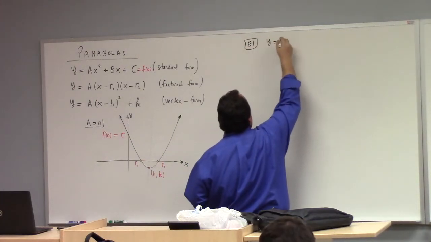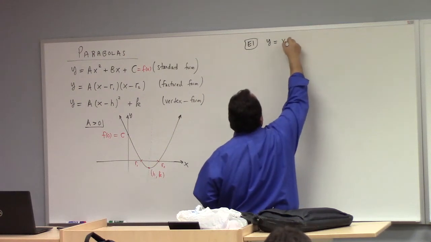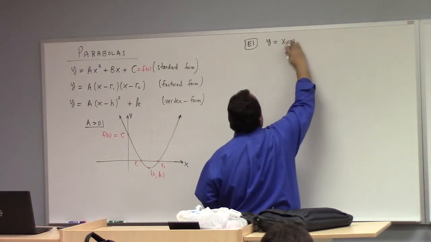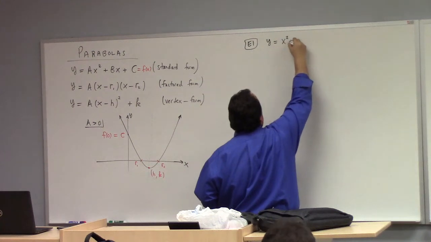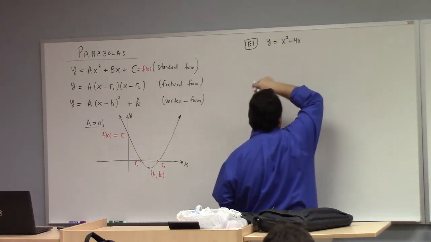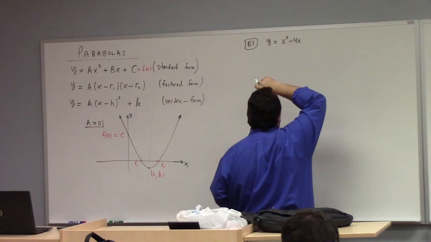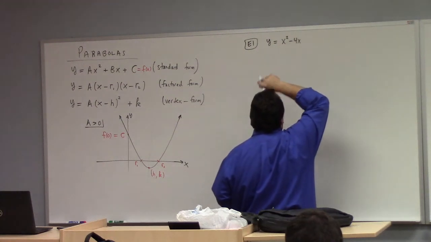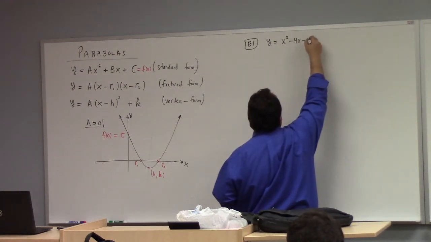Suppose we're looking at y equals x squared minus 4x plus, I don't know, minus 1?